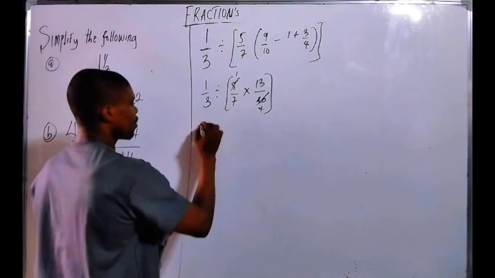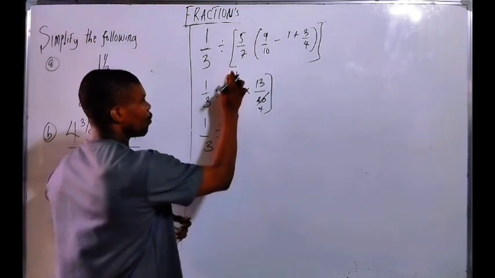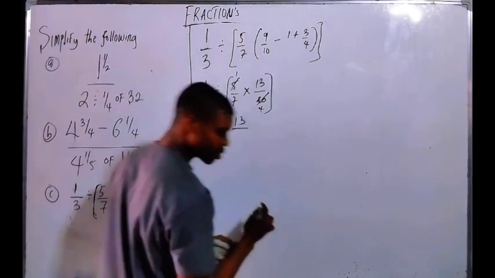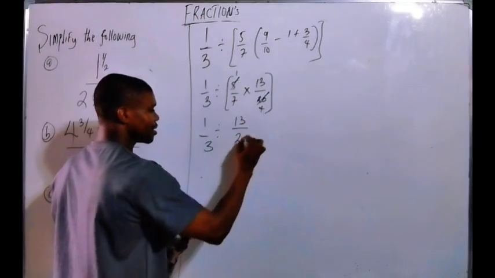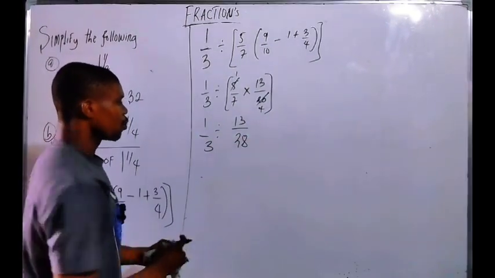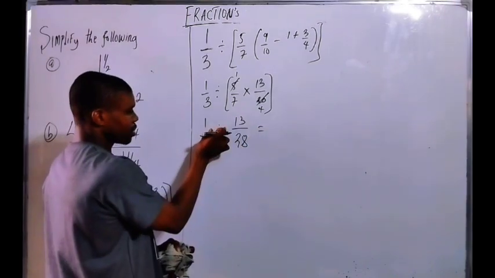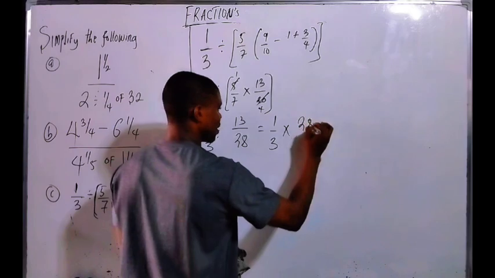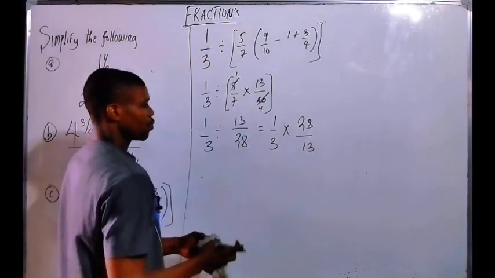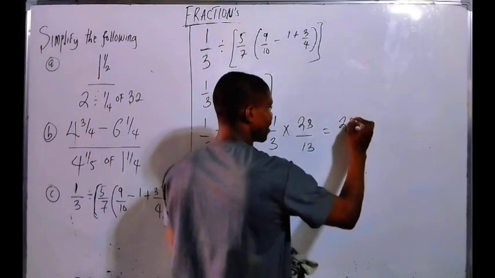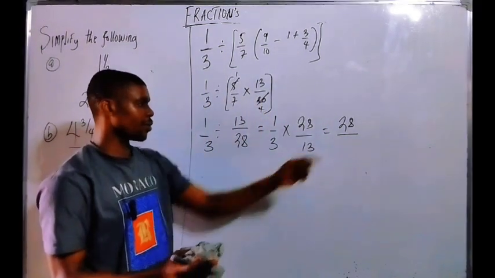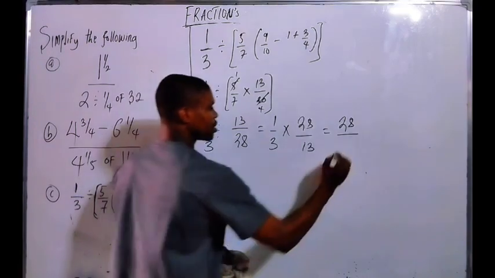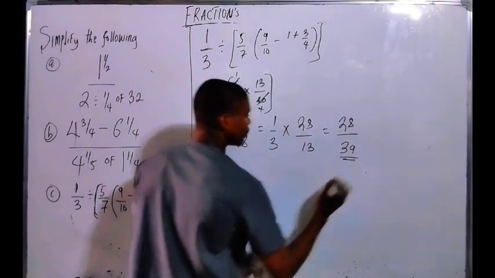So here we have 1/3 divided by 1 times 13 is 13 over 4 times 7 is 28. Can you see that? What will happen here? Change what to what? To times, right? If you change to times, we have 1/3 times 28 over what? 13, right? What will happen here? Going to be what? 28 over what? 3 times 13. Here we have what? 39.